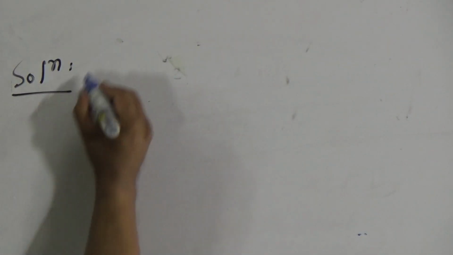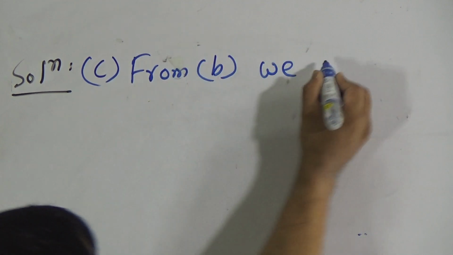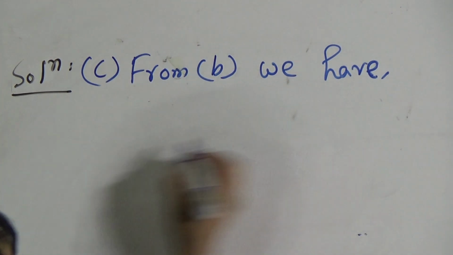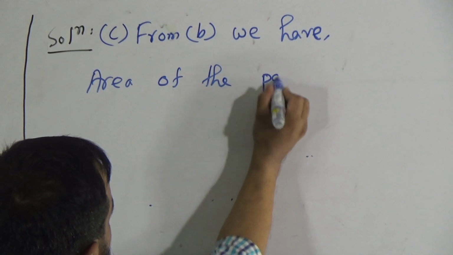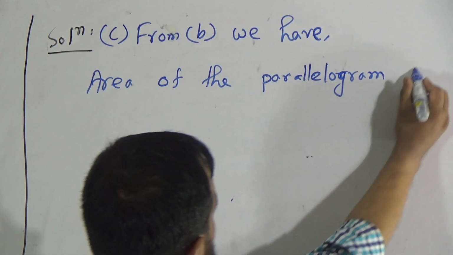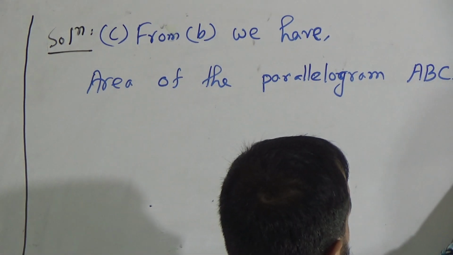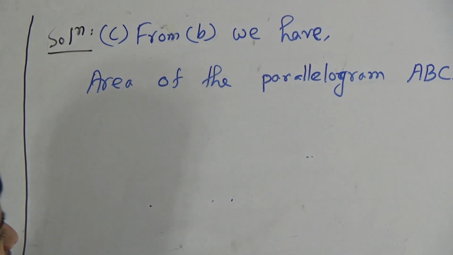At first, from B we can get the area of the parallelogram ABCD, which is 500 square meters. The question says that the area of the triangle is 1/4 of the area of the parallelogram.